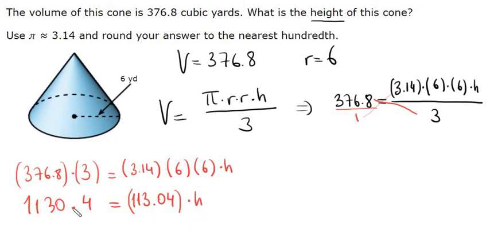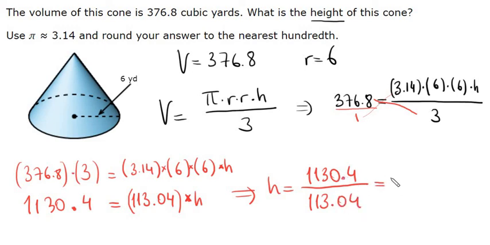Alright, so now this is not a decimal point, this is a multiplication, by the way. Now we can divide this by this in order to get the height. Okay, so the h is going to be 1130.4 divided by 113.04.